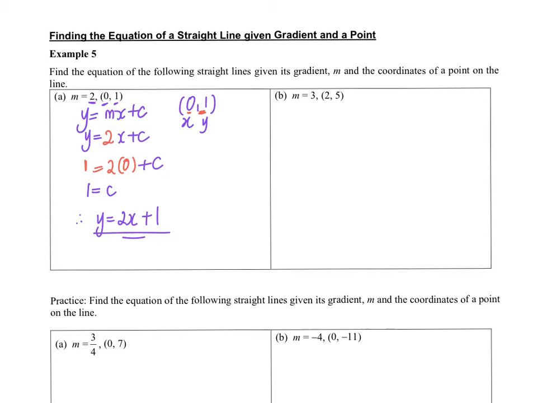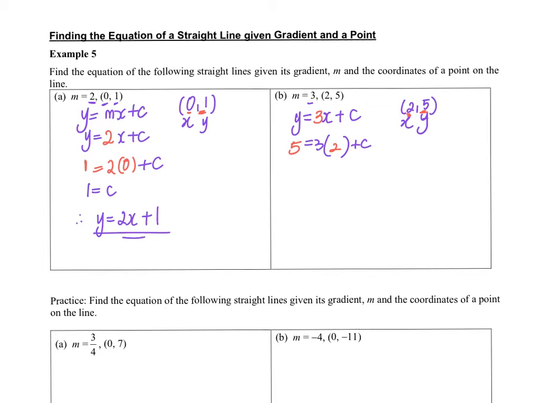So given the gradient is 3, y equals mx plus c. Now the m is the gradient 3, so 3x plus c. I know this point (2, 5). So x is equal to 2, y is equal to 5. I'm going to substitute this into my equation. y now becomes the value 5, equals 3 times the x, which is now the number 2, plus c.